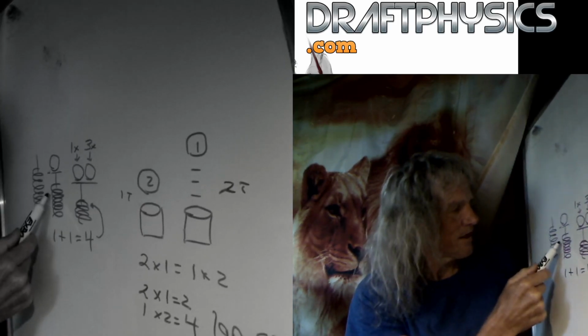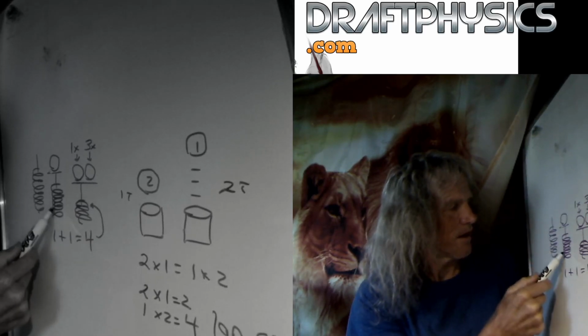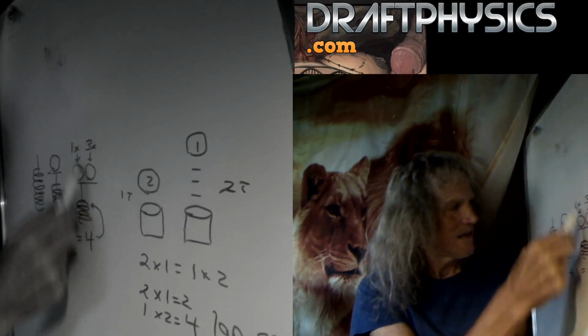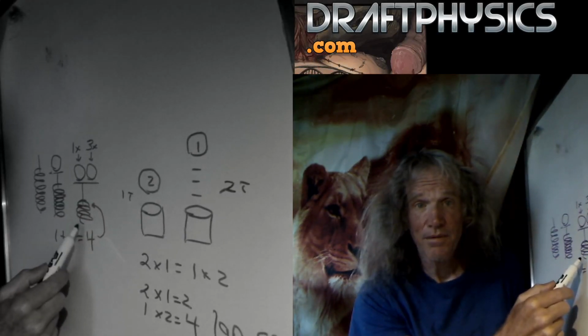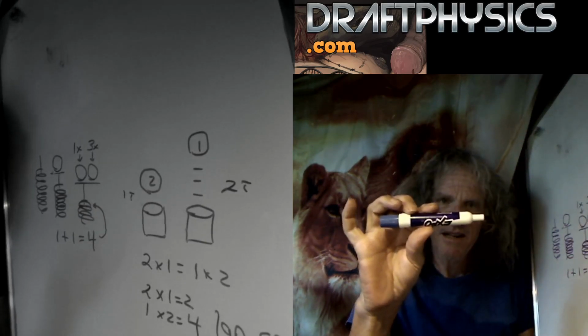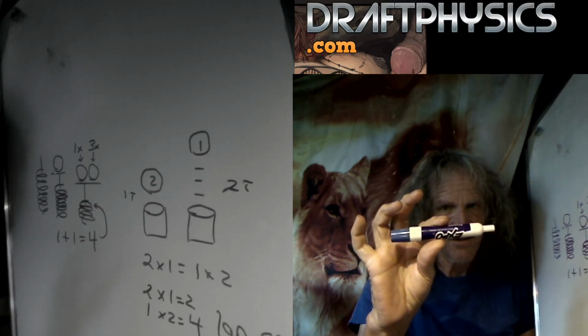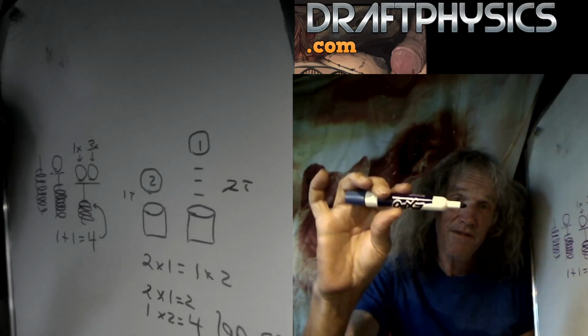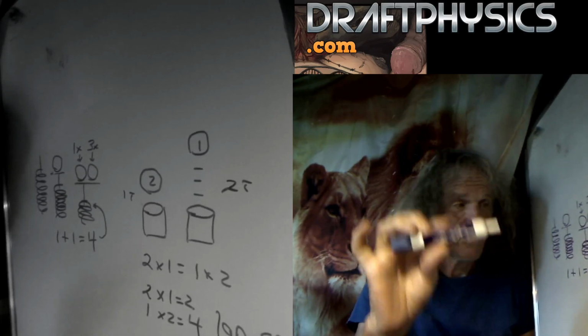So I can get 1 spring compression, 1x the spring compression, by just putting an object on the spring. And then when I put the second object on, it doubles the compression of the spring, right? So you all know that, right? I put 50 pounds on a scale, it goes down a certain amount, and it goes down twice as much if I put 100. So if I put another 50, I guess get another unit. Okay, that's all.